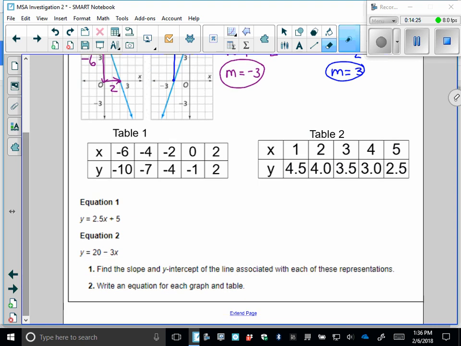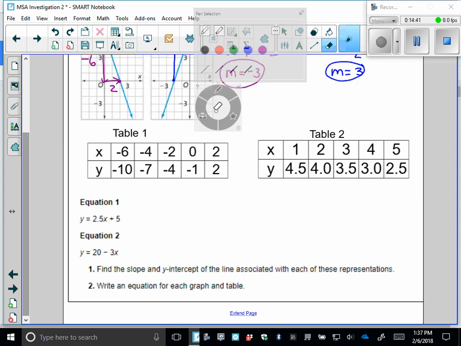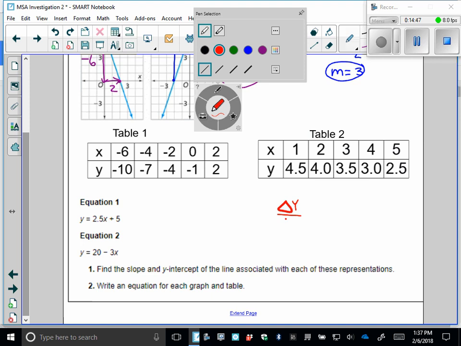Pick a table. Table 2. Okay, so are you going to use slope, rise over run, change in Y, change in X? What's easy for you? Change in Y over change in X. Okay, so that's using these little change in Y over change in X. And that's 0.5, up or down? Yeah.